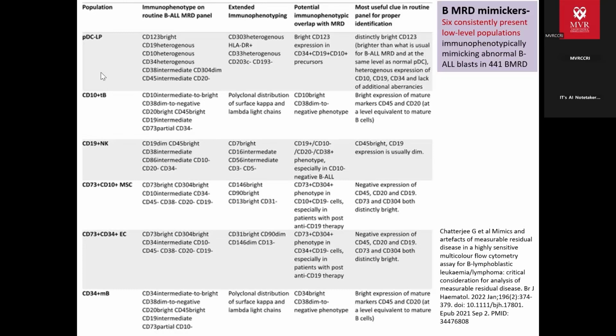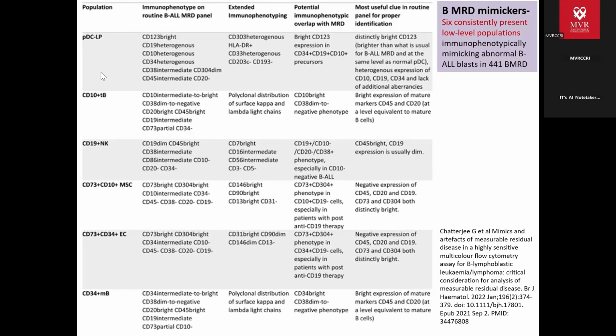So that was briefly about the analysis. From this part I just wanted to show you what the challenges are, why it is so challenging to diagnose an MRD compared to a diagnostic sample, where we are not dealing with the hematogones and the normal population which can confuse us with the abnormal blast.